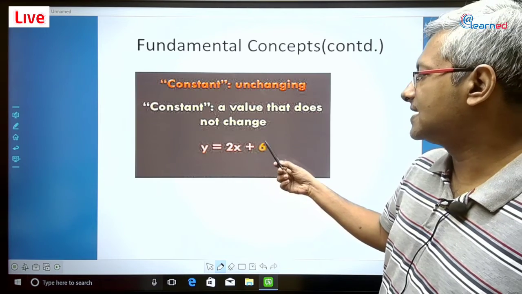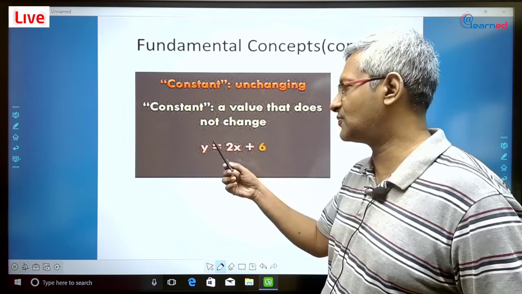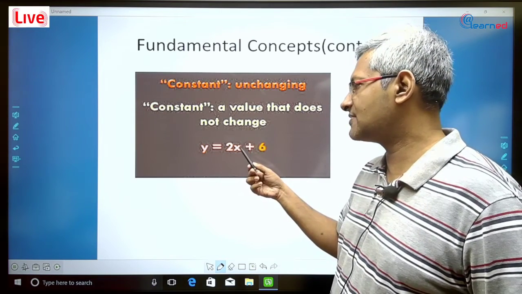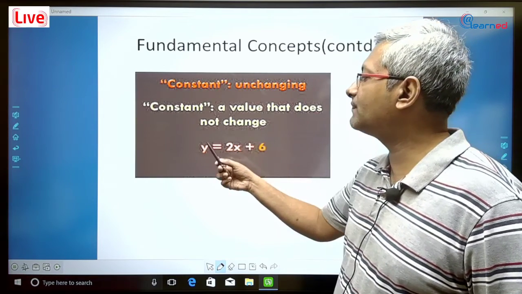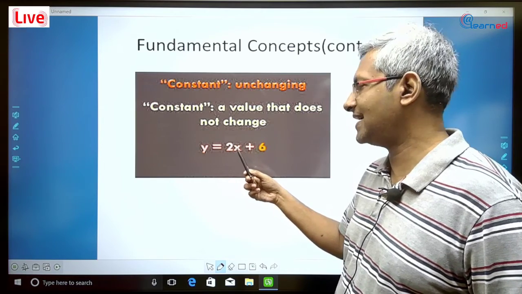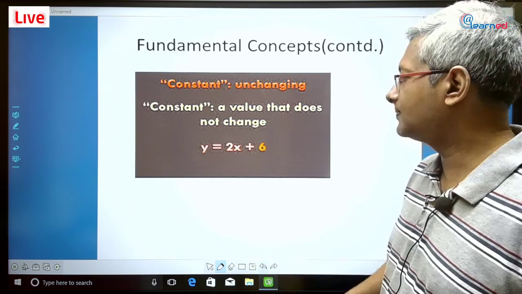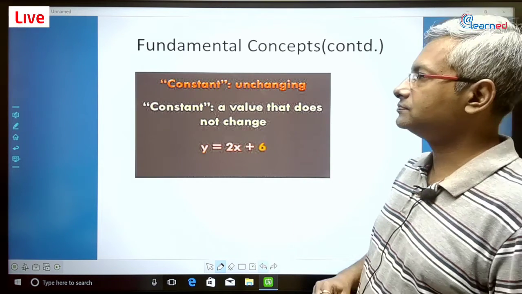Here 6 is the constant because 6 will always remain 6 in this equation. It will not change. What will change is the value of x, and depending on that, the value of y. So there are two variables over here, y and x, and 6 is a constant. Okay. So this is a constant over here. Right.